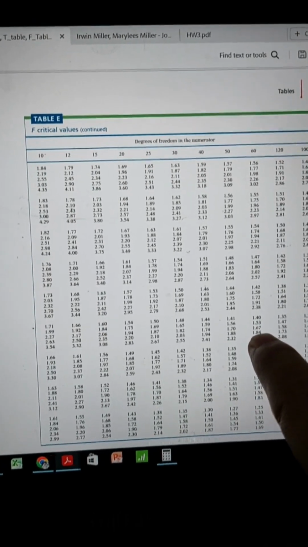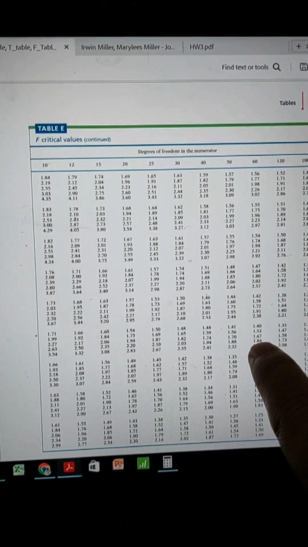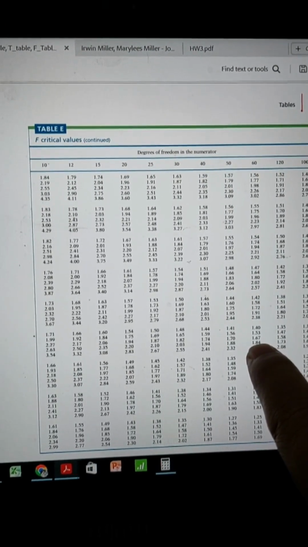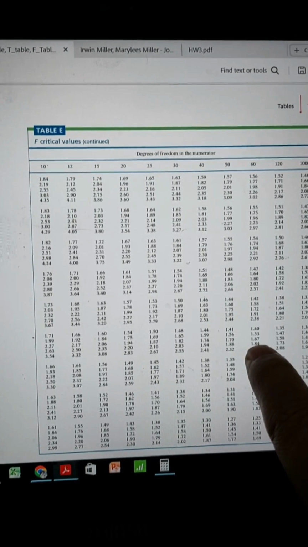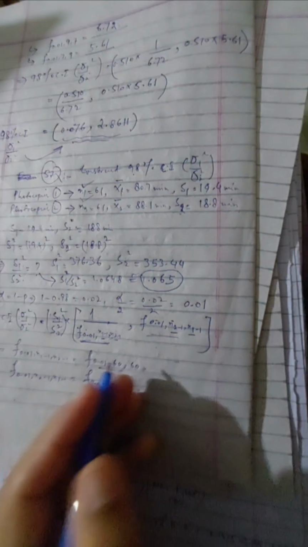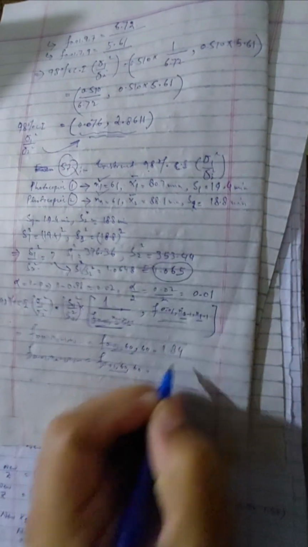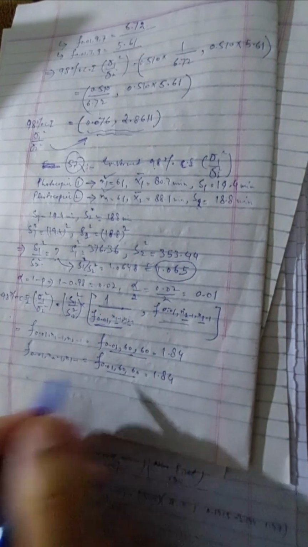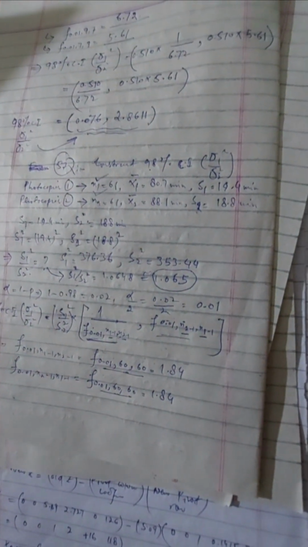So the value of F 0.01 comma 60 is equal to 1.84. That is the value we were looking for. It will also yield the same value because the numerator and denominator degrees of freedom are the same.